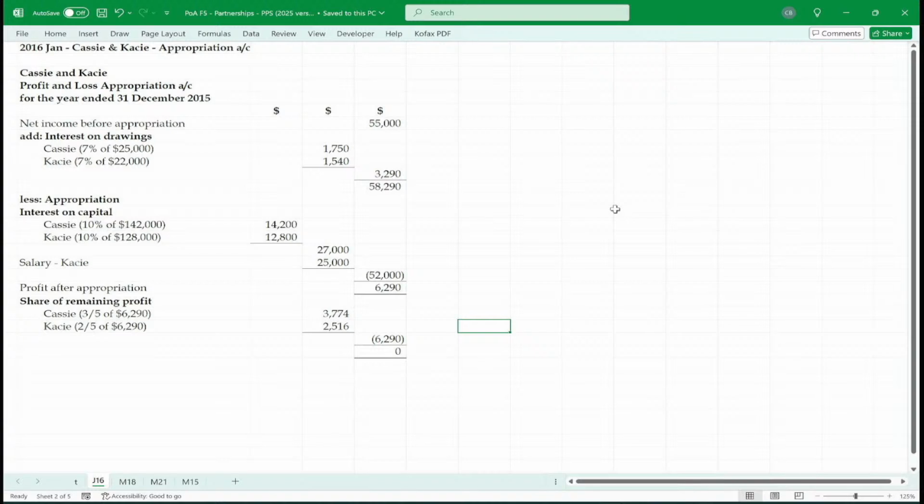What I could suggest you do is use the space below the question. Right, so you can put it below there, or you can put it in your own book.